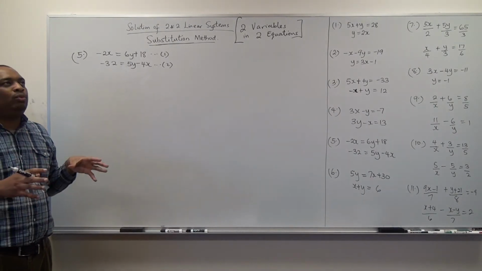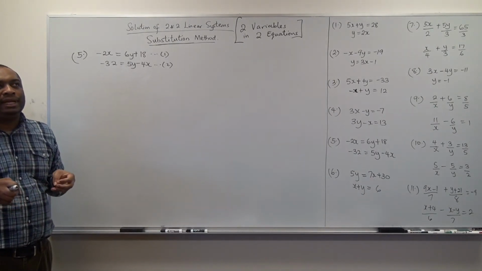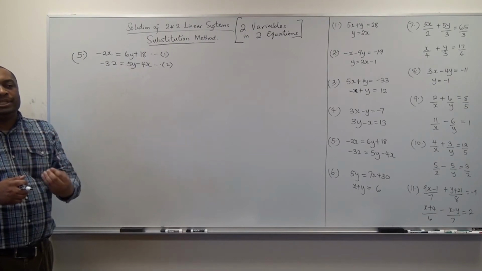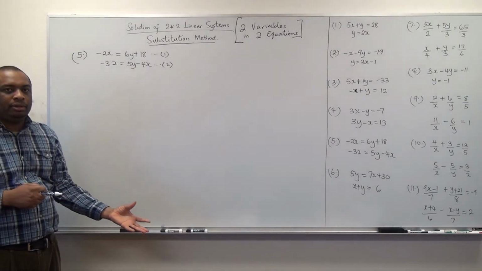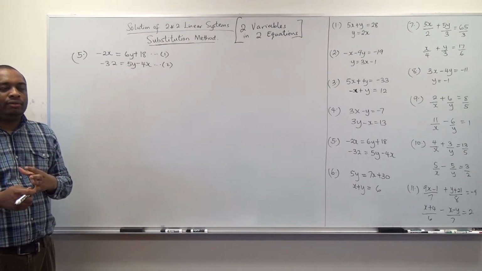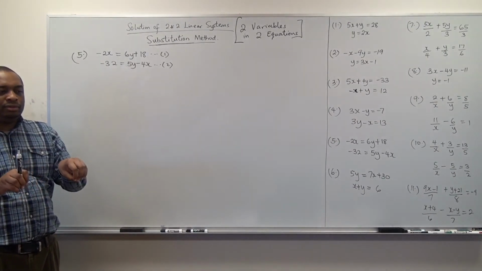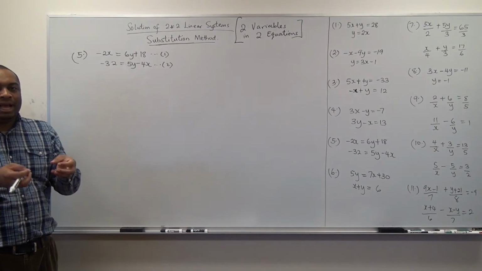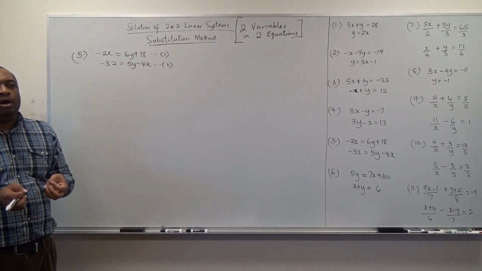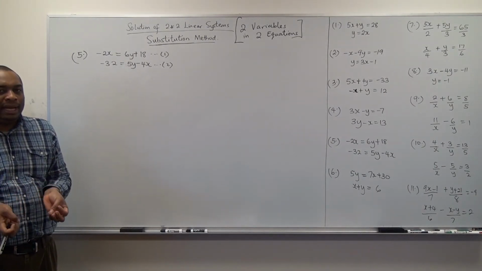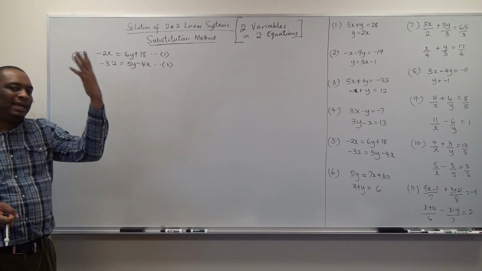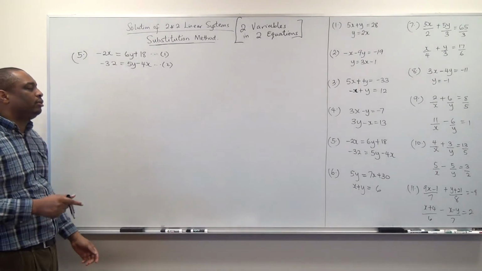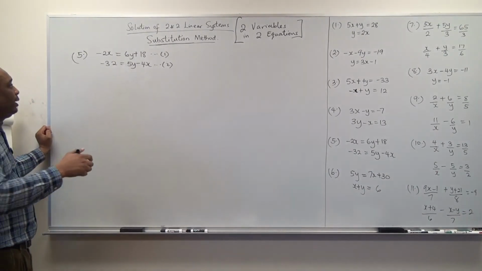You start with an equation, you isolate a variable in that equation, you substitute for that variable in another equation. And that is the way it goes, right? You find an equation that will be easier for you to isolate a variable. And once you isolate a variable in that equation, you now substitute for that variable in another equation. And the process goes that way.